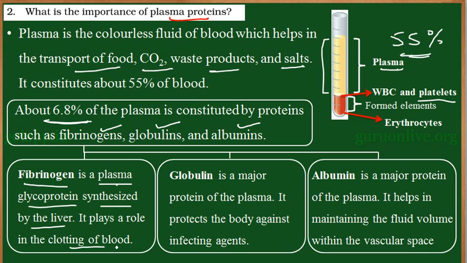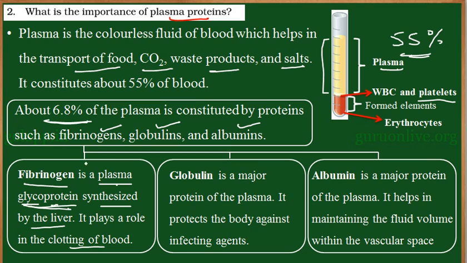They form a clot in the wounded area and prevent the excess flow of blood from the body. They are glycoproteins, made up of carbohydrates as well as proteins, so we call them glycoproteins.